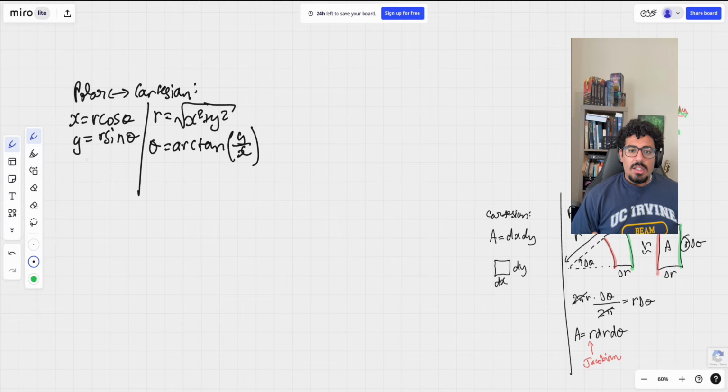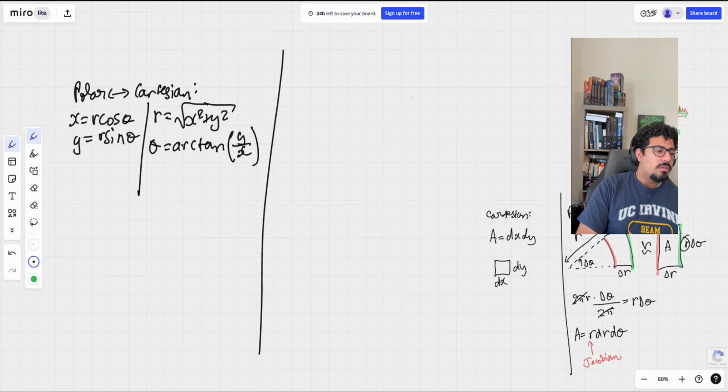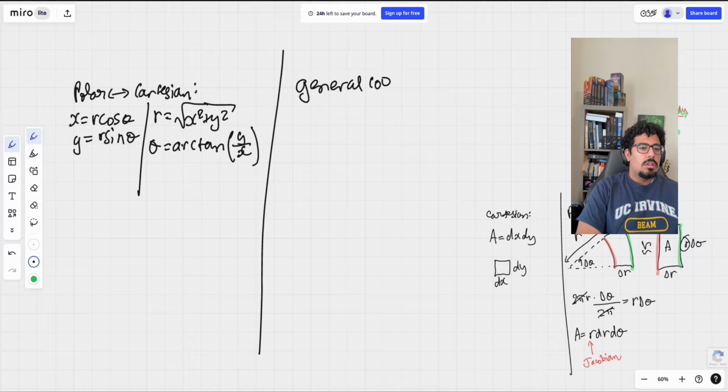And in the most general case, we can just define functions which take you from Cartesian to that general case. And we use Cartesian as a baseline since the Jacobian in Cartesian is just one. There's no Jacobian. So let's just say general coordinates to Cartesian.